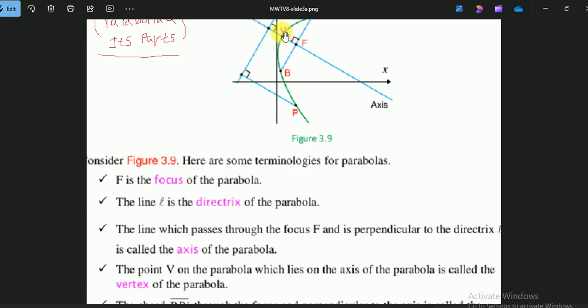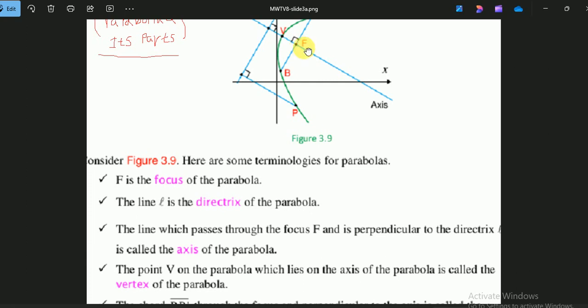For example, if we look at this point, its distance from F and its distance from this line seems the same. So it's part of the parabola. If we take any point on the parabola, its distance from F and its distance from the line should be the same. The fixed point is called focus, and the fixed line is called directrix.